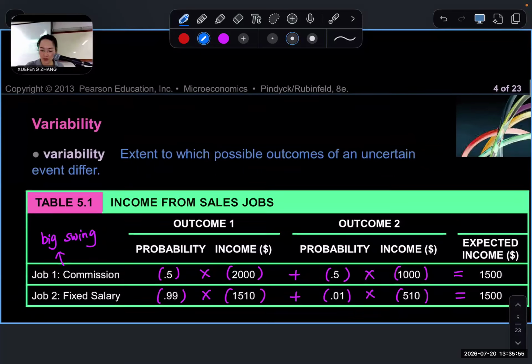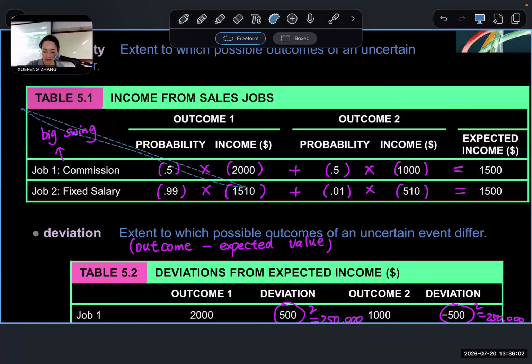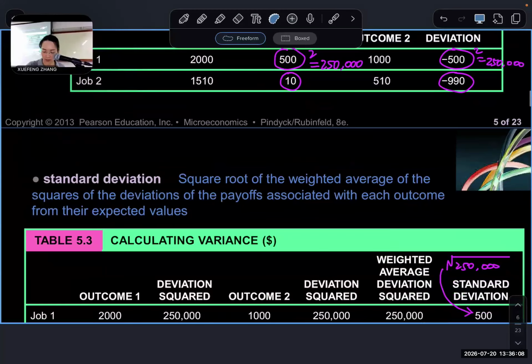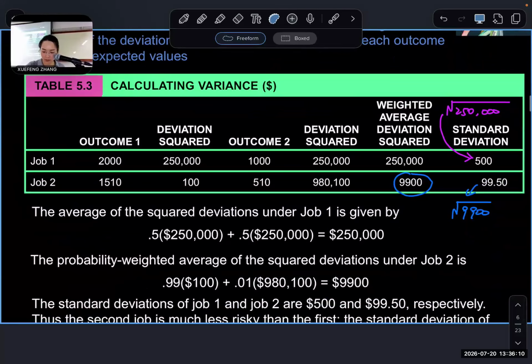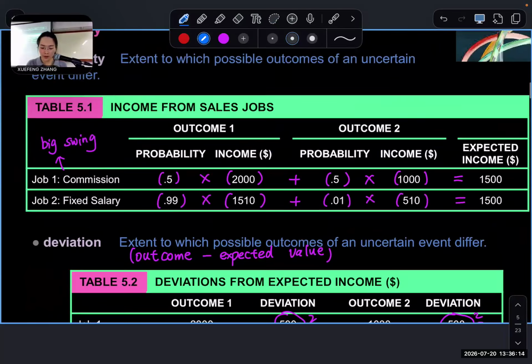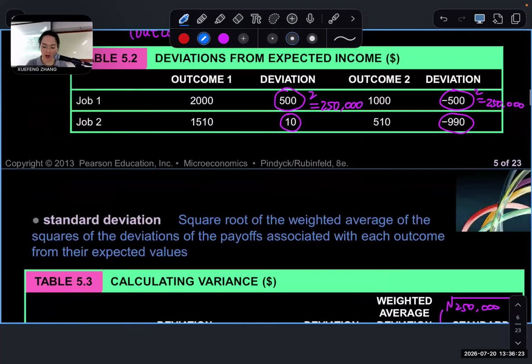You need to use the probability here, okay? So from table 1, you need to remember the probability. Job 1, half. Job 2, 0.99 and 0.01, okay?